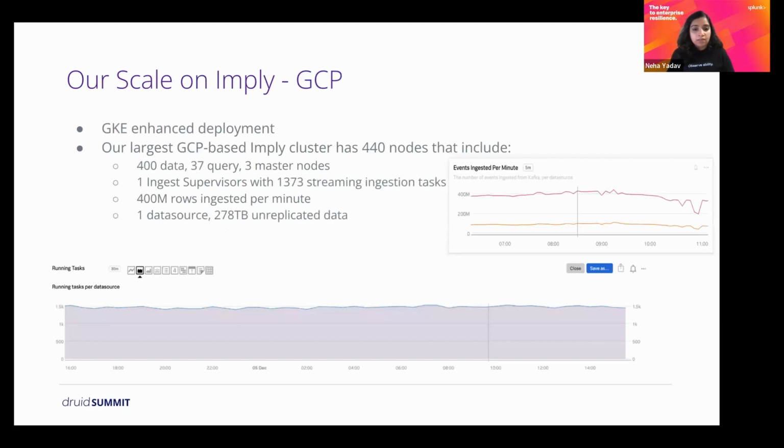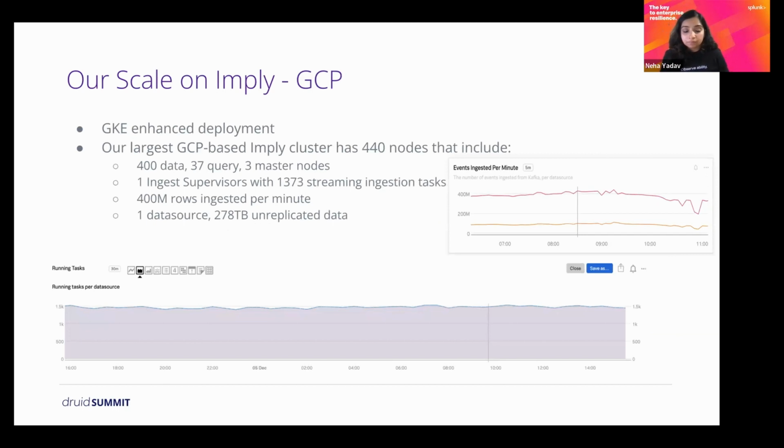Let's talk about our scale on Imply GCP clusters. Our largest GCP deployment consists of 440 nodes. It used to be 330, but was recently scaled to handle Thanksgiving holiday traffic. There are 400 data nodes, 37 query nodes, and 3 master nodes.